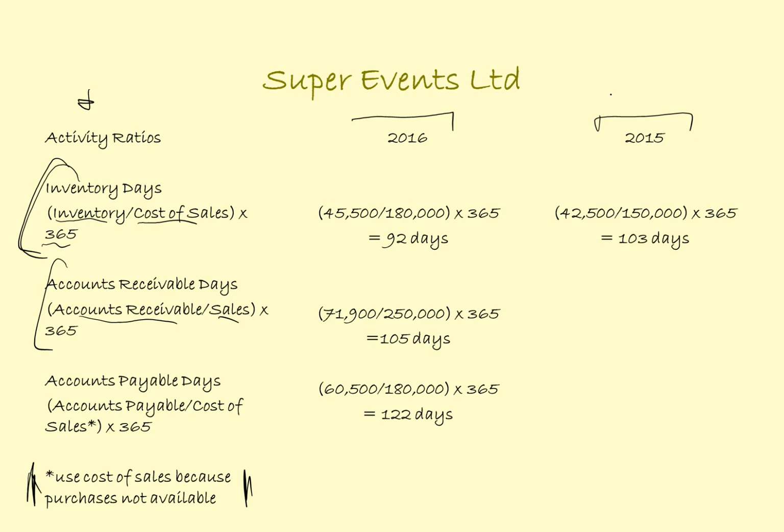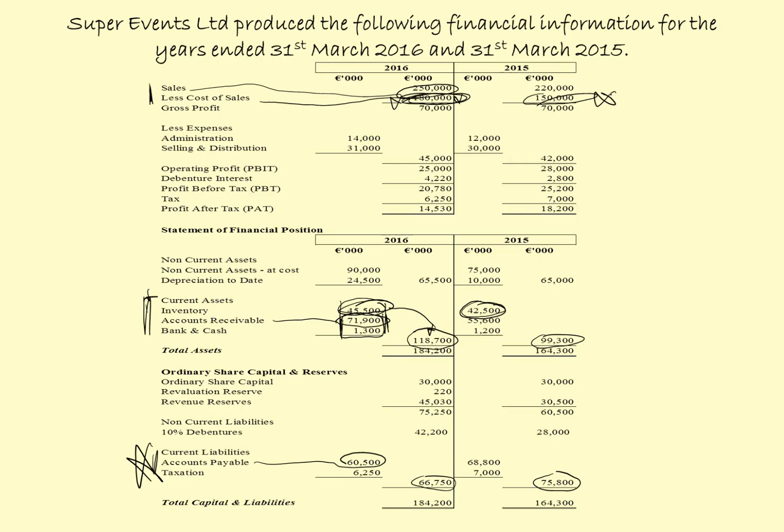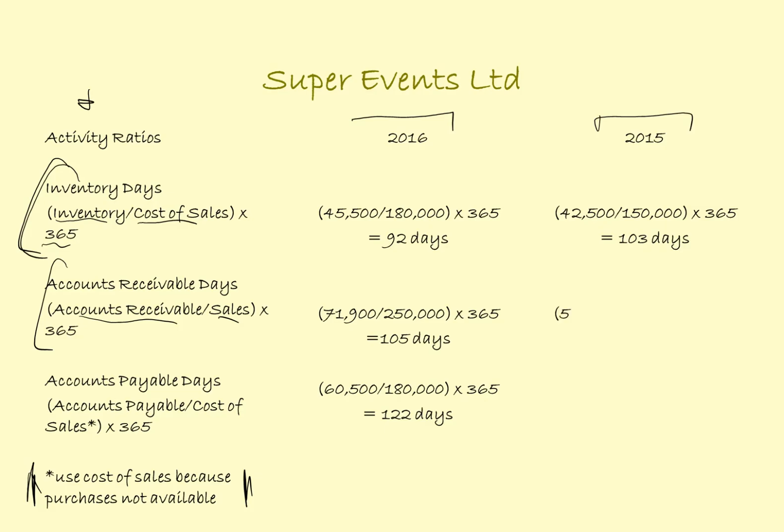For my accounts receivables days, I need accounts receivables and sales. Accounts receivables would be a current asset. So there it is there, 55,600, and the sales, 220,000. 55,600 divided by 220,000 multiplied by 365 gives us 92 days.